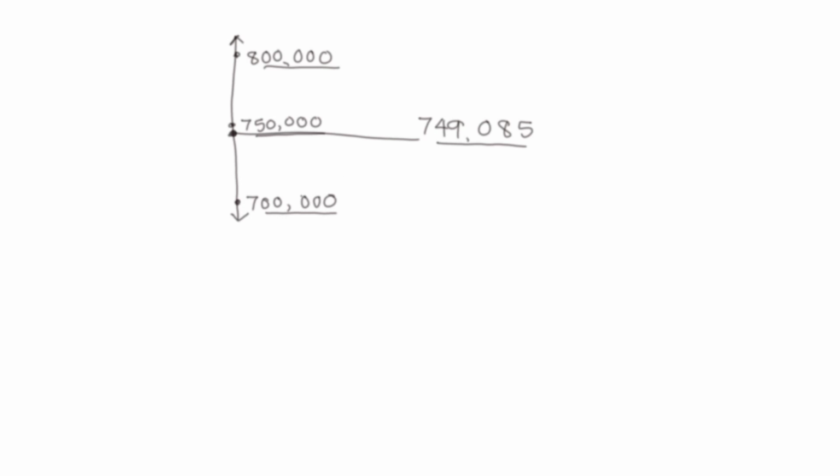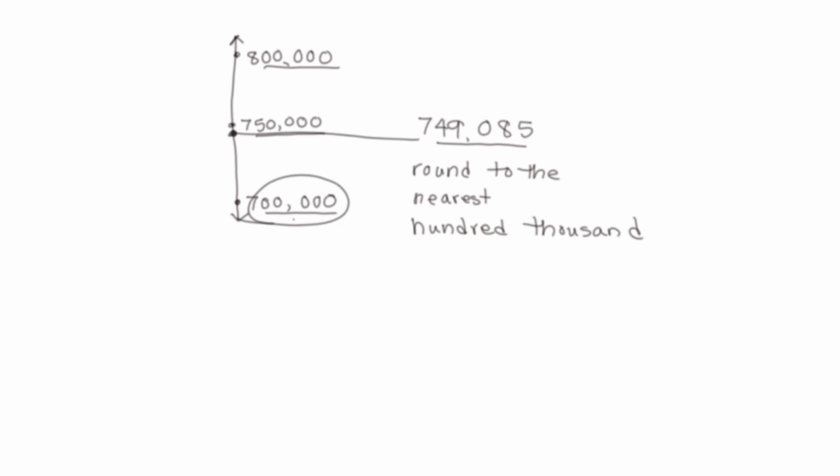So again, even though it's close, if we were going to round to the nearest 100,000, then the nearest 100,000 would be 700,000, since it's a little closer to 700,000 than it is to 800,000.